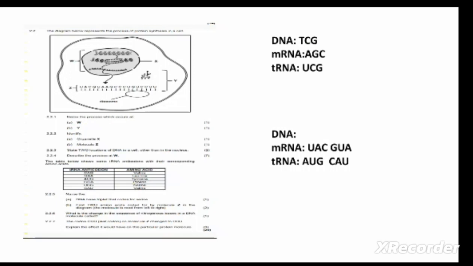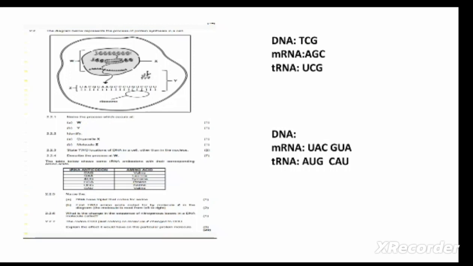So the answer is tyrosine and valine. Those are the two amino acids that they want. What is the change in the sequence of nitrogenous bases in a DNA molecule called? That is gene mutation.